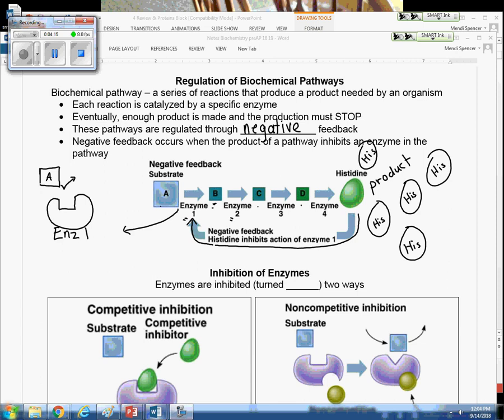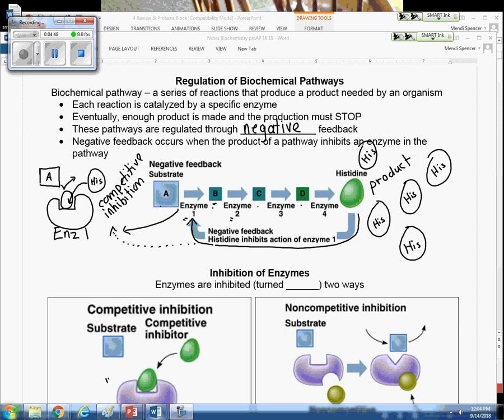Well, what can happen is the product, when it becomes more abundant, there's more of it, then it can interfere in this reaction. Histidine, when there's a bunch of it, can start to occupy the active sites. And again, we already talked about when that's happening, that's competitive inhibition. So let's write competitive inhibition.